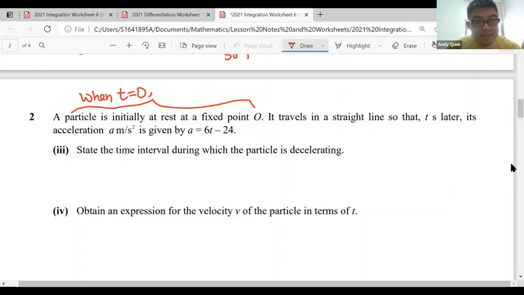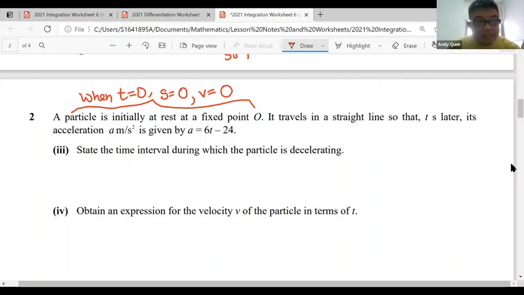Where's the particle? At 0 displacement, your fixed point O. What was its velocity? It was initially at rest, velocity is 0. Okay, so this is a helpful way of making sense of the first statement.